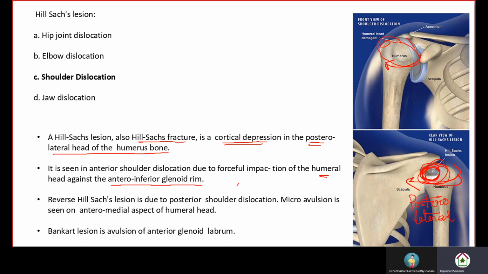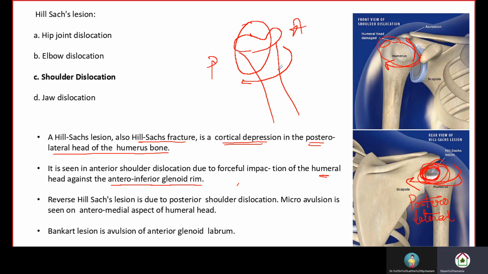This is the glenoid rim. This is the posterior, this is the anterior. Anterior dislocation occurs like this.